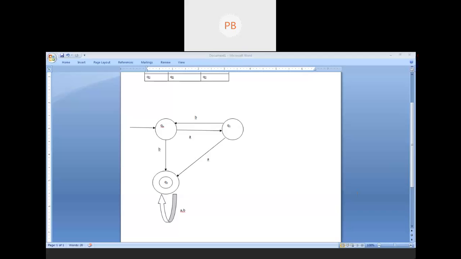Q2. Why Q2? Because we have indicated Q2 within the double circle. Wilson, what happened? How can Q1 be the final state?